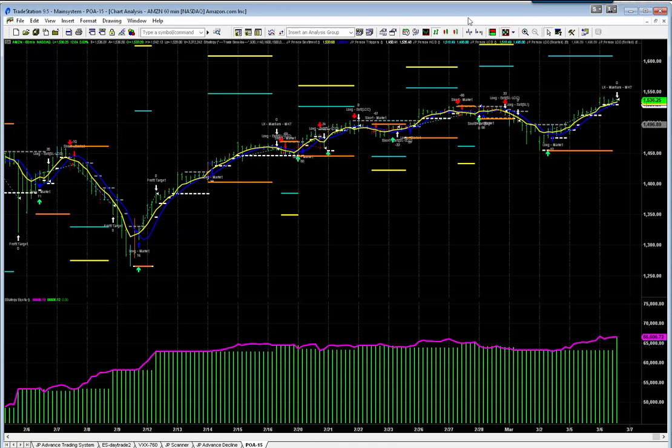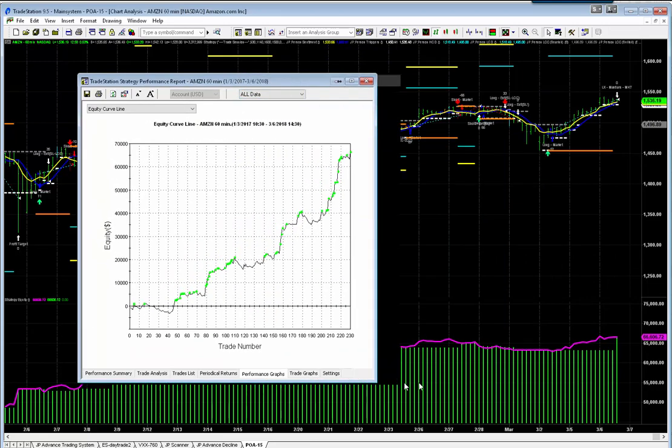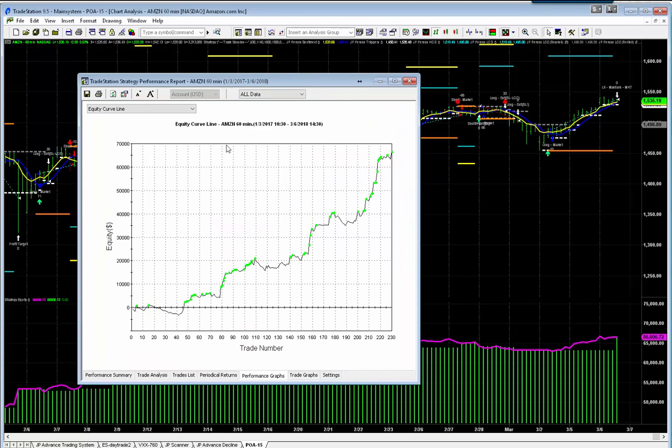This is a little optimization strategy that was put together for Amazon, and I just brought in the performance graph. Everyone can kind of see this here. This goes back just the last, well, let's call it a year and 2.5 months, so to speak.